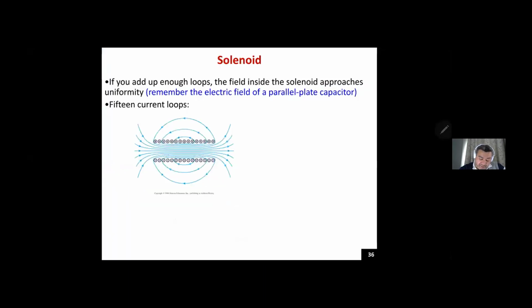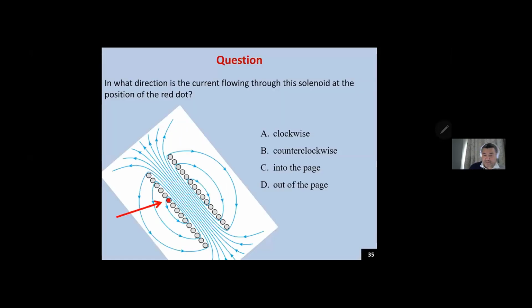Let's take this example before we stop. I have, as you can see here, magnetic field in this solenoid going in this direction.